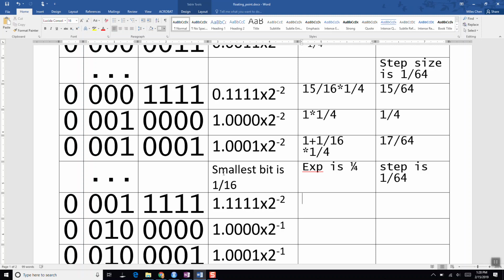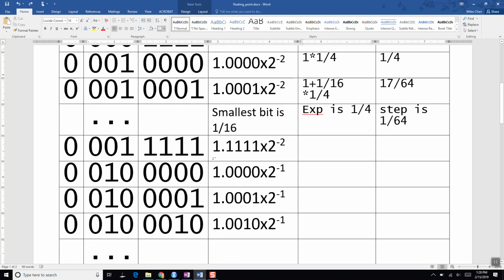And so the largest thing that I'll have here is going to be 1 plus 15/16. So this is still using the same exponent of 2 to the negative 2. I have 1 and 15/16, and I'm multiplying this by 1/4.